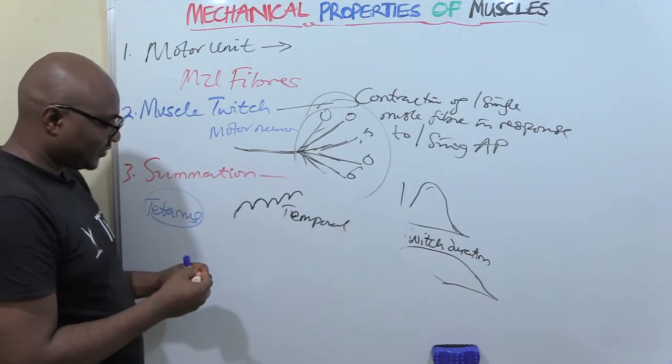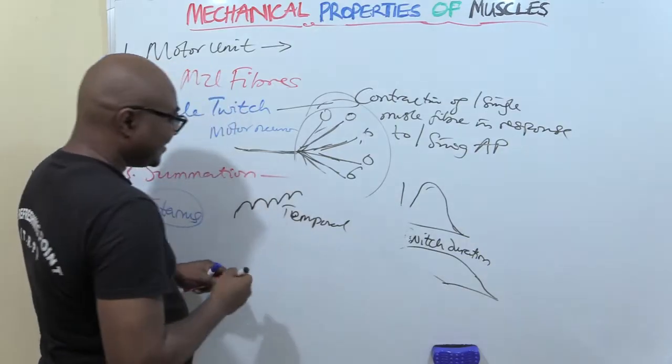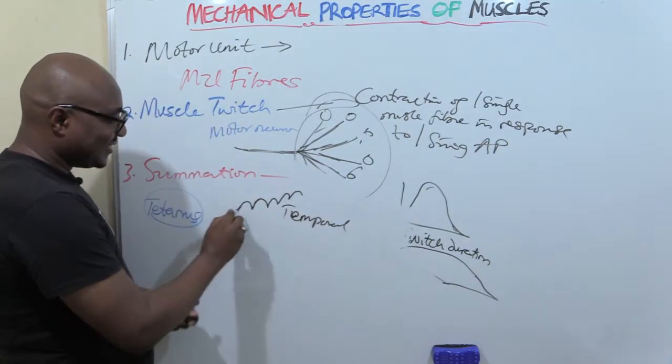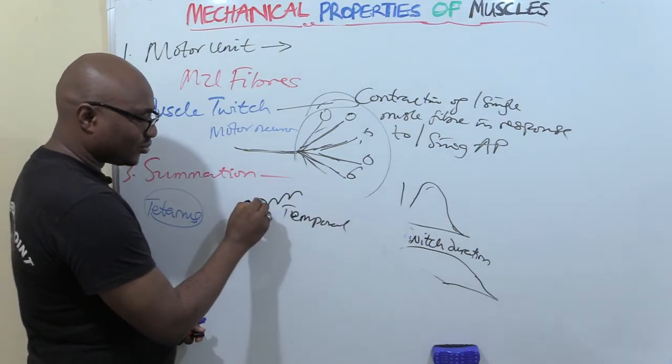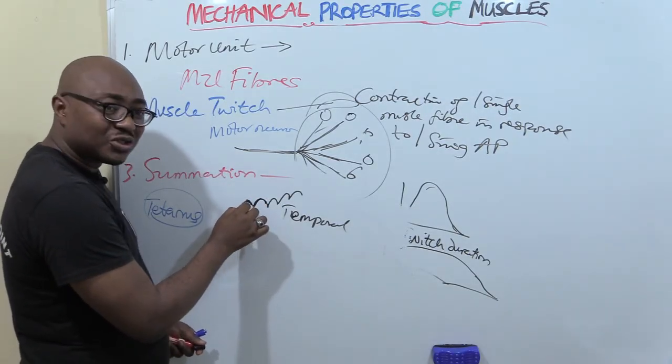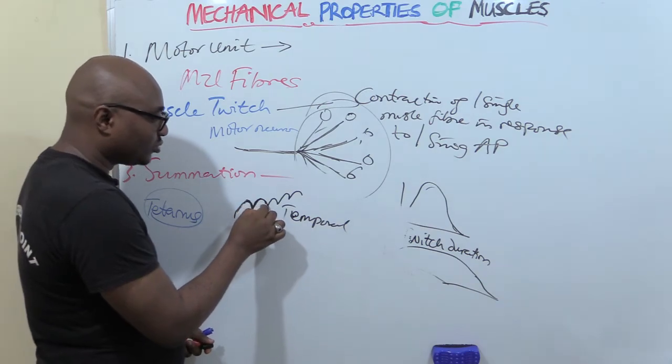Now look at what happens. Now you see that in this one, it's not relaxing. Relaxation has started before another one comes, okay? But the relaxation does not end before another contraction comes.